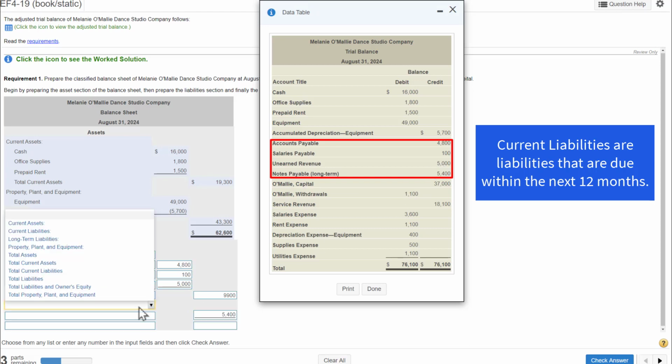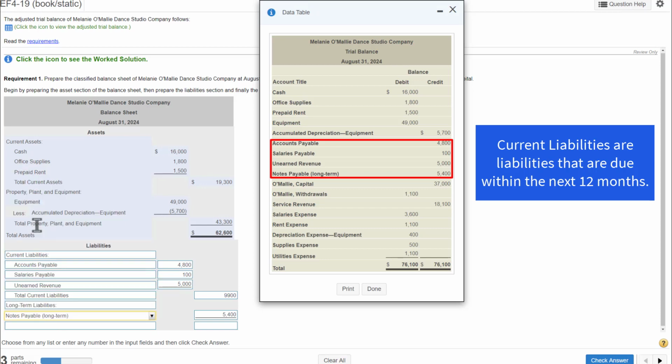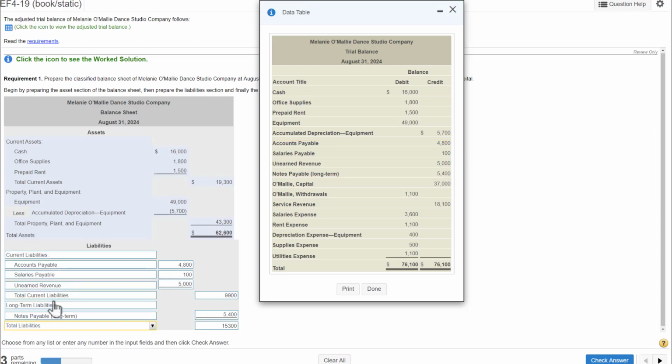Long-term liabilities, note payable. And so now we're going to take the $9,900 of current liabilities, add it to the long-term liabilities of $5,400, and we get a total of $15,300 of total liabilities.